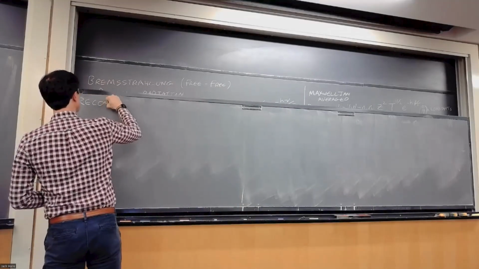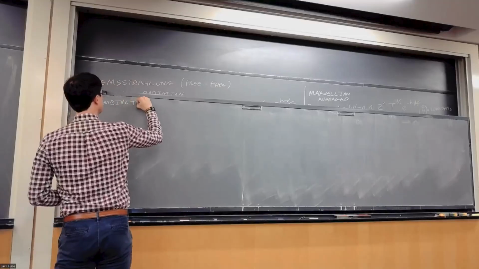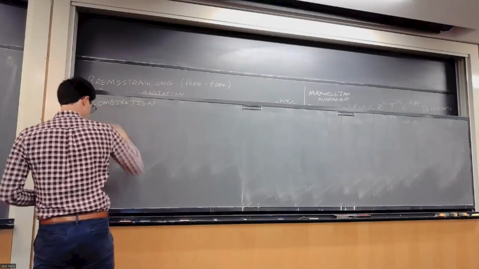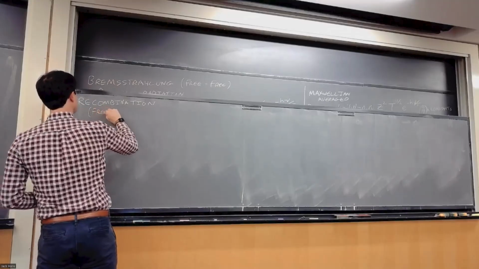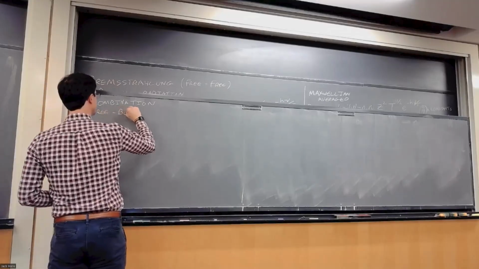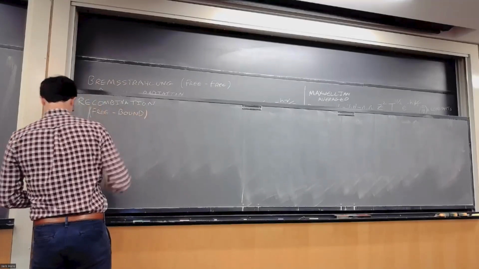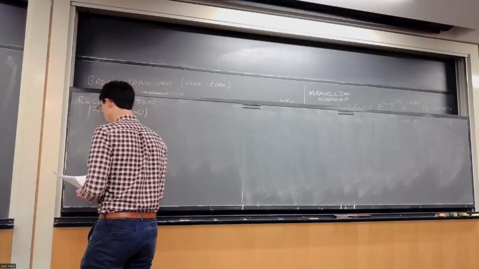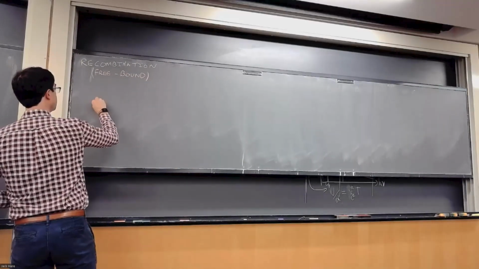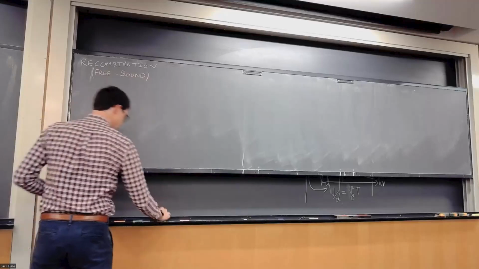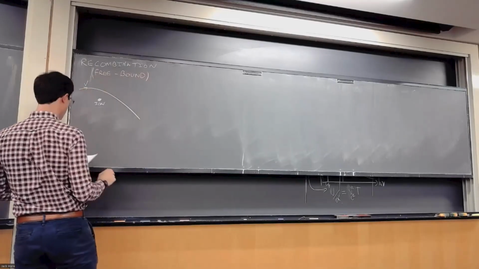Recombination. Otherwise known as free-bound. So our particle is going along, our electron, past this ion here. And this particle is going along, and it's got some velocity to start with.